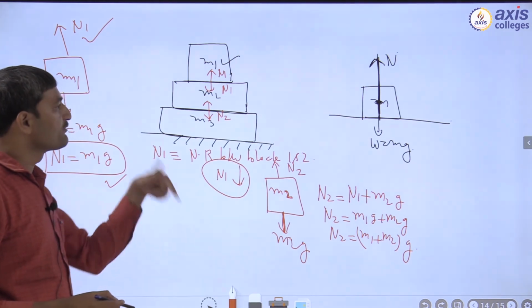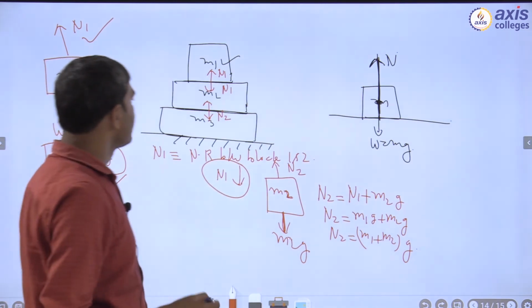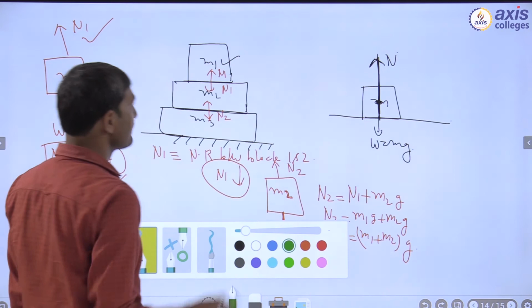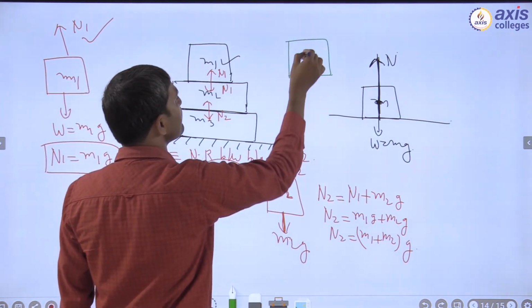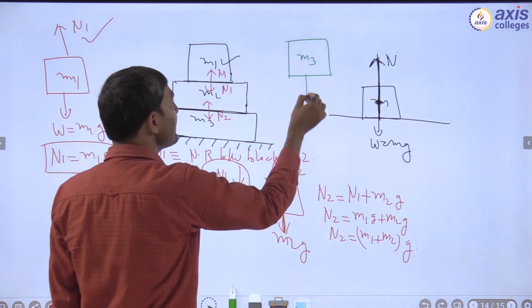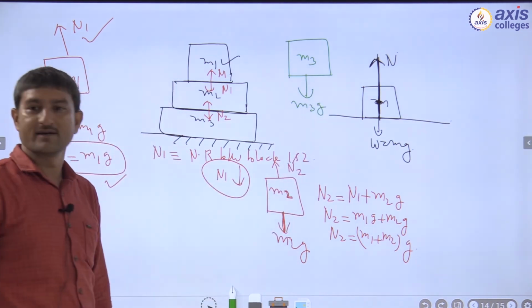Let us take the free body diagram for block 3. If I am making the FBD for block 3, what happens? This is block 3. m3 is the mass of block 3 and the weight is downward, that is m3g. This is the weight.